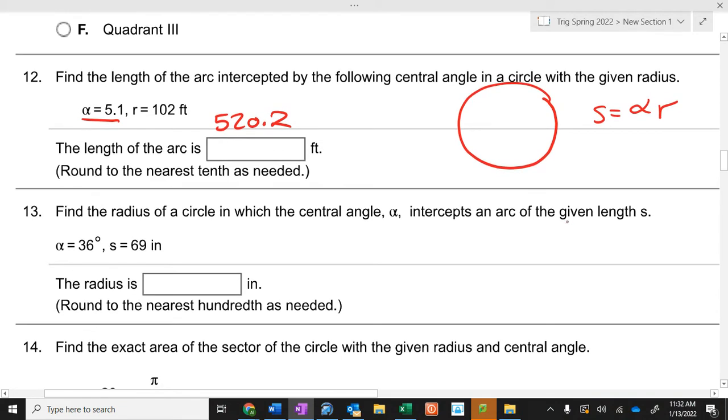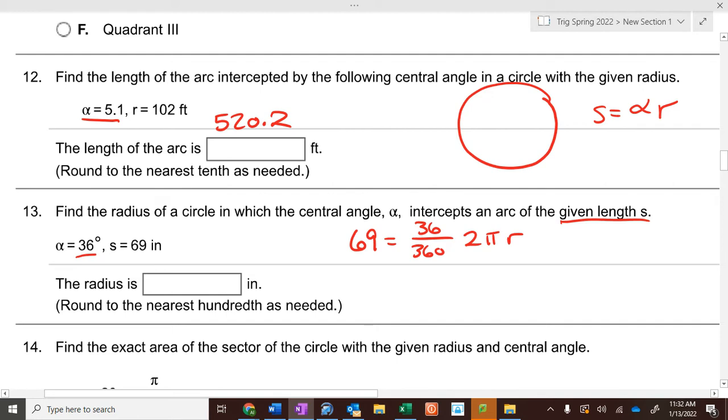Now, we're looking for arc length. Ooh, we're looking for radius given the arc length. And since this is in degrees, what formula do you use? Trig or geometry? Geometry. So, arc length 69 equals 36 over 360 times 2 pi r.